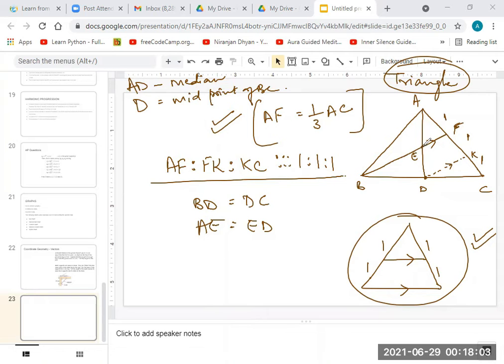Then E is the midpoint of AD. You have to prove that AF is equal to FK is equal to KC. That's all.